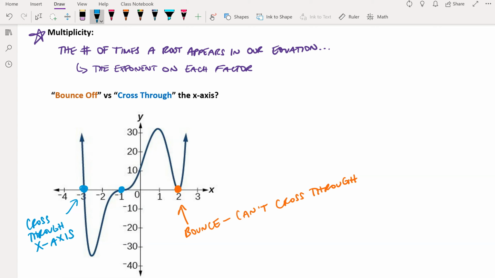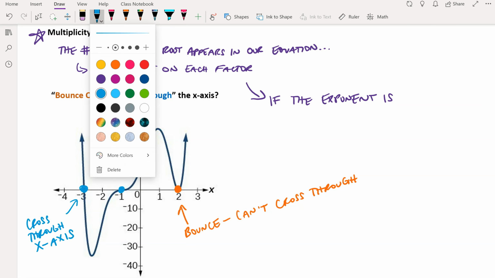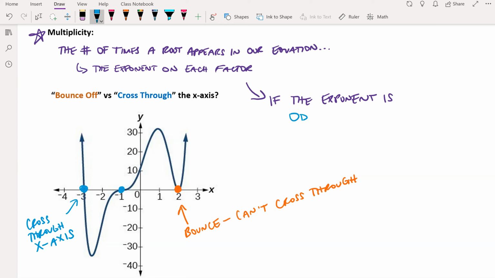Okay, so let's talk about how the multiplicity helps us determine that. Let's write this note. If the exponent on each factor is odd, odd means cross. If the exponent is odd, then you cross through.